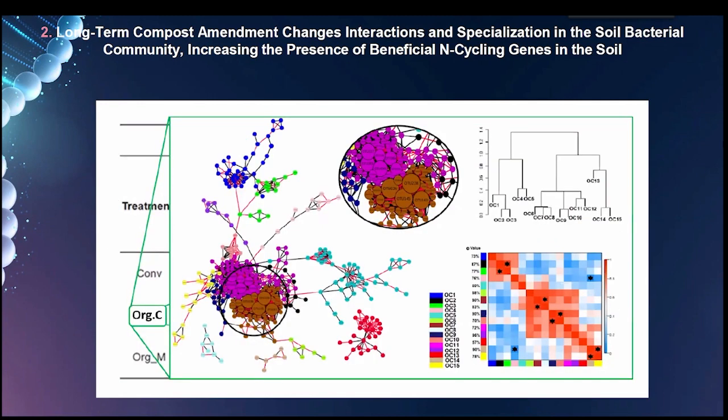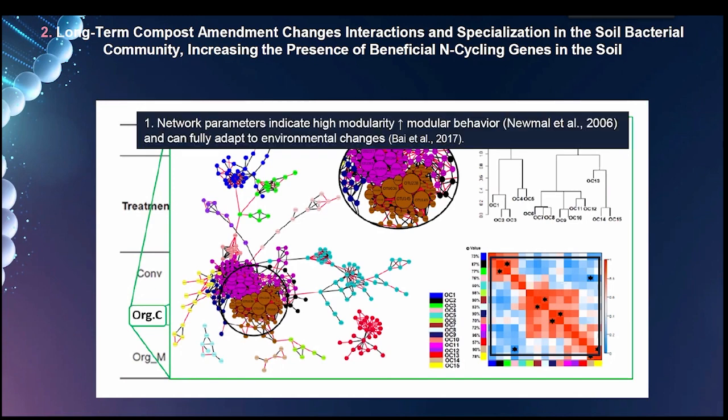In the last cropping system, when we added compost to the soil, we find, however, 15 modules, and we found several correlations between them. So these parameters indicate a higher modularity and modular behavior.